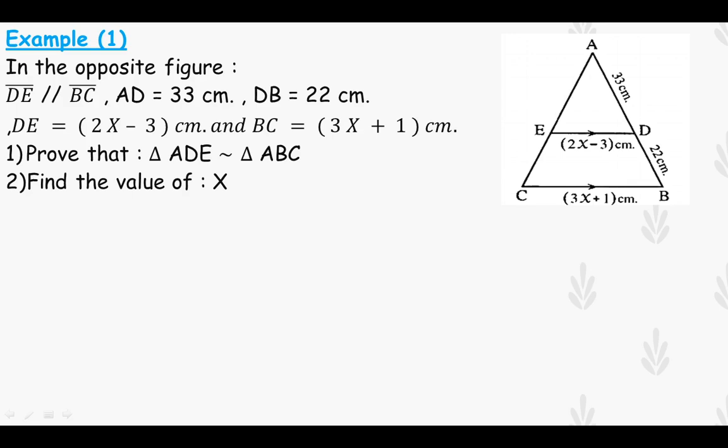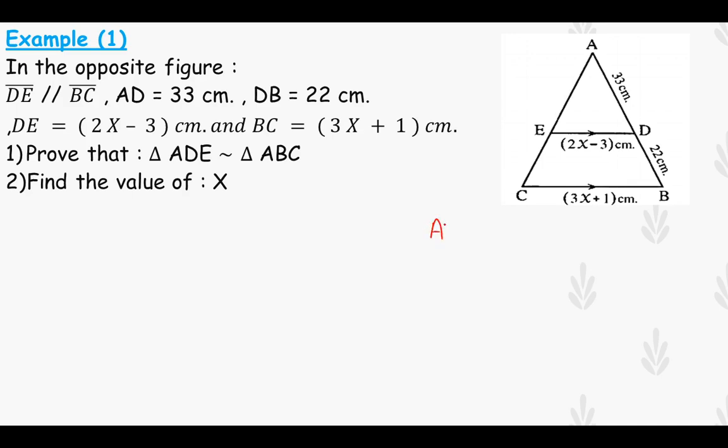Okay? Here he wants to find the value of x, so we will solve together. How can we find the value of x? The two triangles are similar, so the corresponding sides are proportional. Don't say equal, the corresponding sides are proportional. Let's write it together.